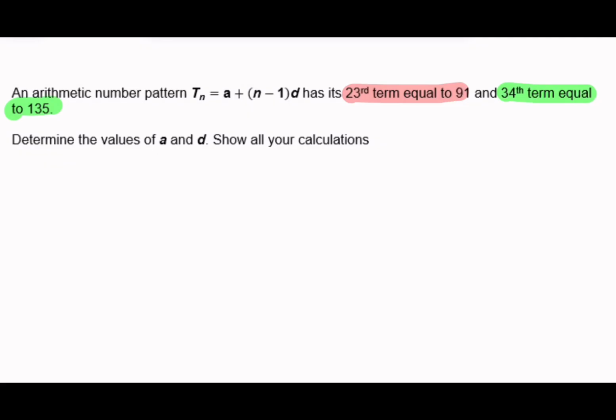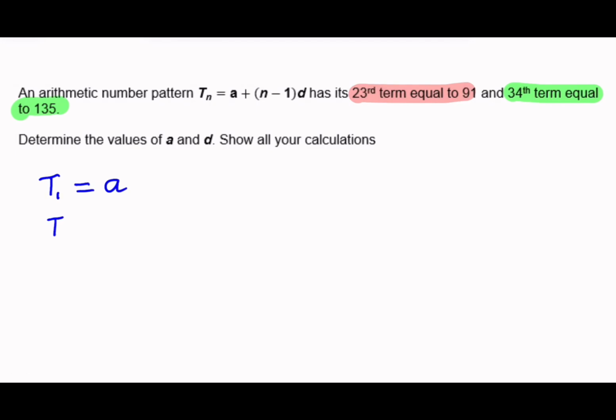So this requires your understanding of the arithmetic number pattern. We know for sure that the first term is a. To go to the next term, T2, you add the difference, d. To go to T3, you add d again, making this 2d. Going to the fourth term, you add d again.